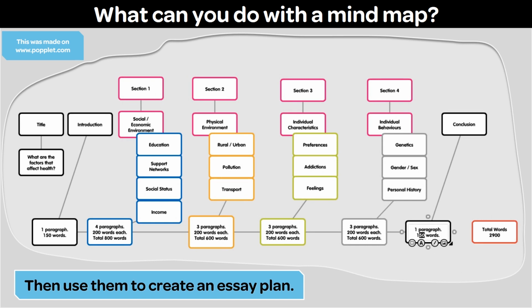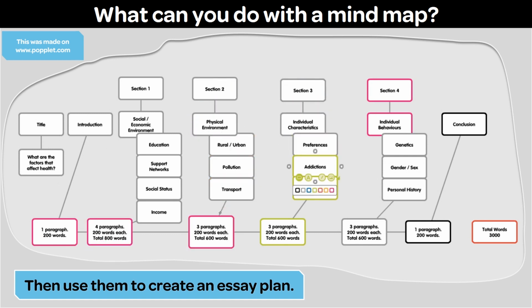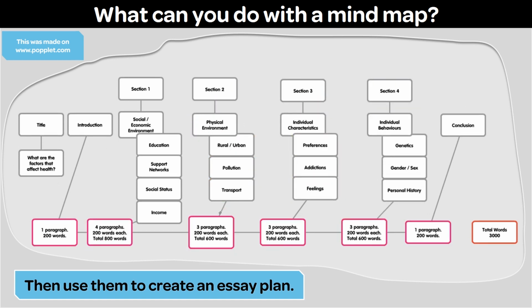Okay, that gives me 2,900 words. I'll just increase my conclusion and my introduction by 50, and that gives me my 3,000 words. Let's just tidy up all the colours, and there, in pink, running along the bottom of the screen, I've got a fantastic plan for my essay based on my mind map.